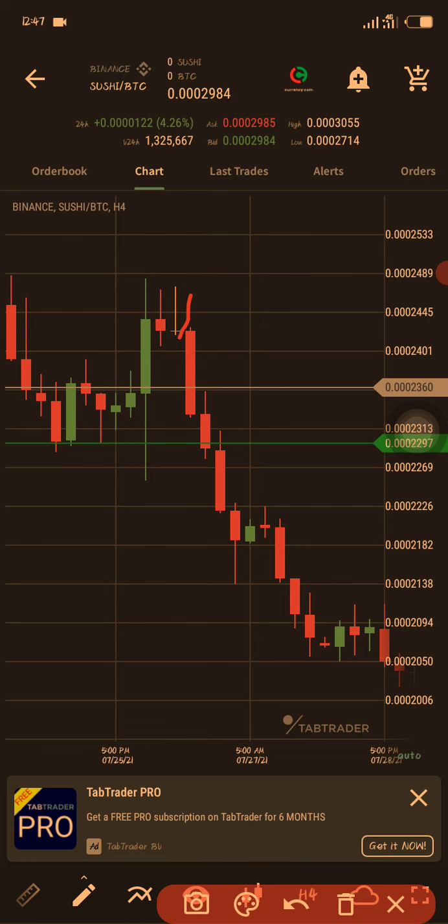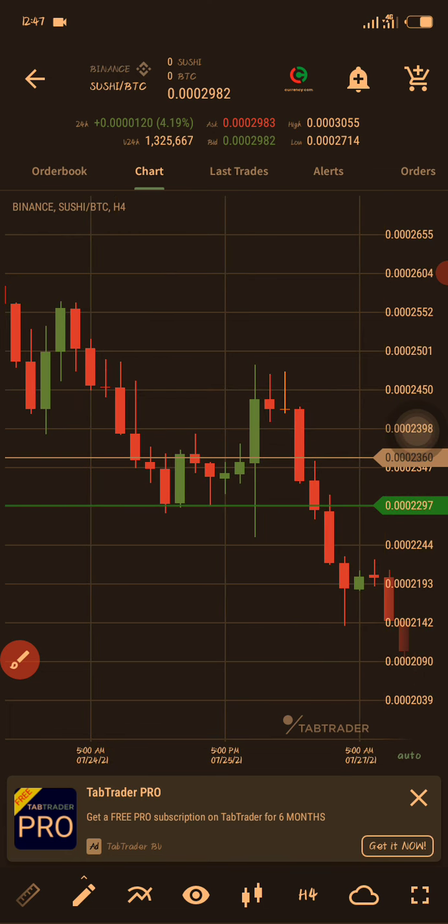This is a shooting star. It is formed during a bullish trend, and it's the same as hammer. So each time you are trading and you see a shooting star, you should close the market and wait for it.